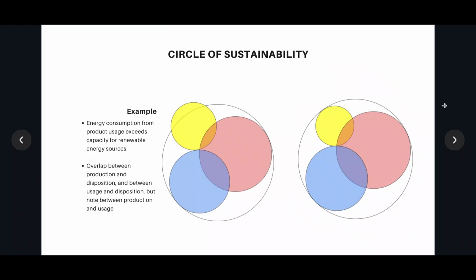So let's take a look at another case here. In this scenario, the product usage stage exceeds the capacity for renewable energy resources. Meaning whatever is happening in this stage, it's using too much energy to be sustained by renewable energy alone, or it requires fossil fuel in some capacity.